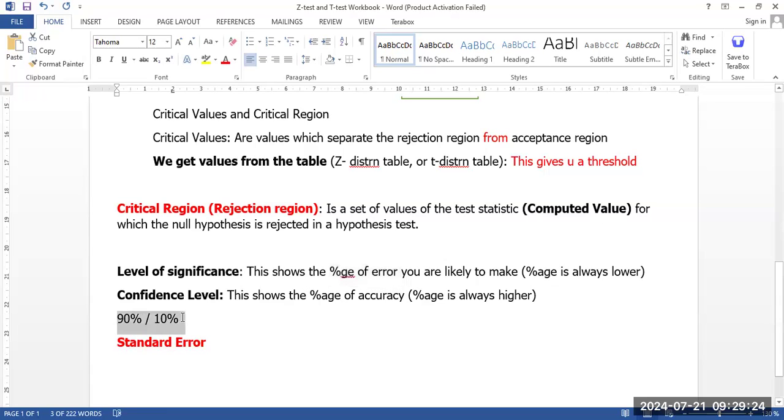Okay. And percentage of error will always have a formula, as we are going to see.